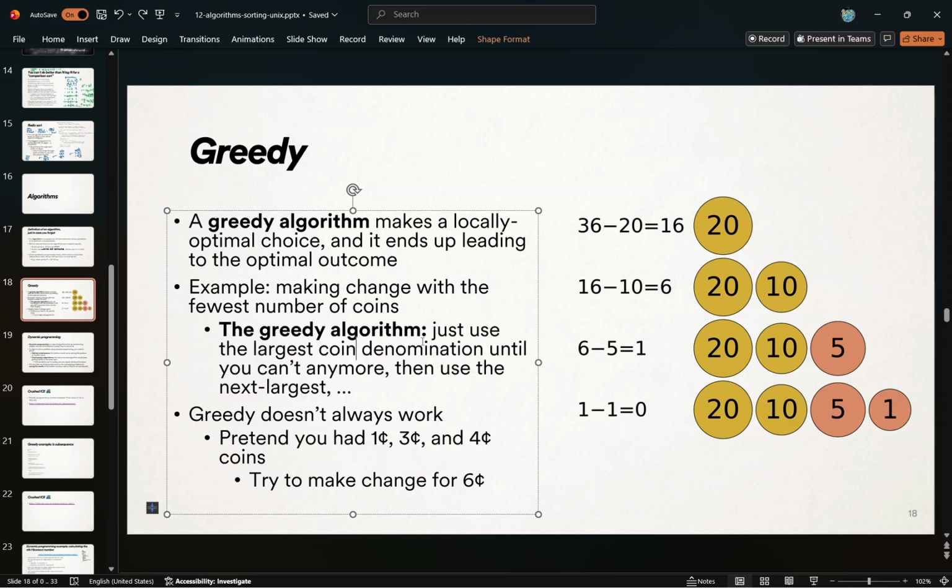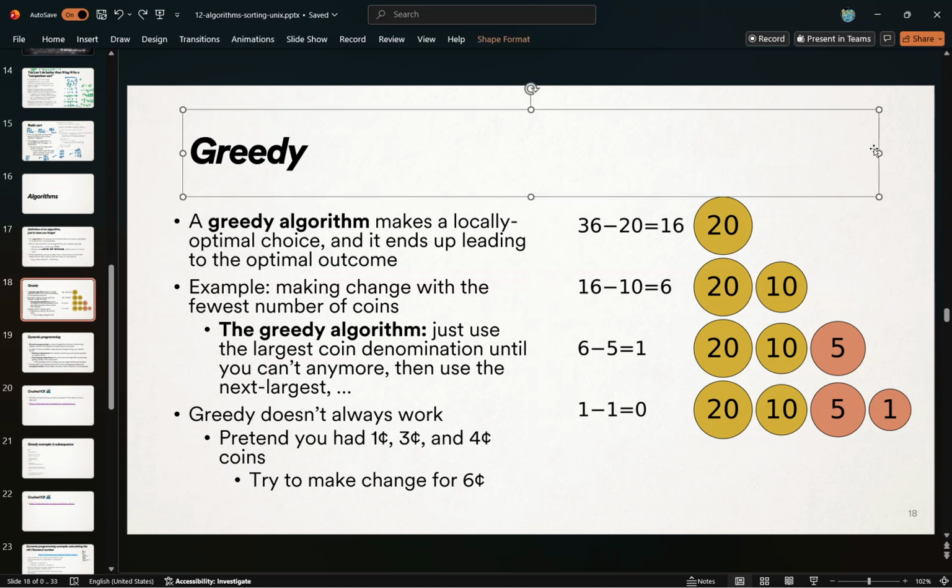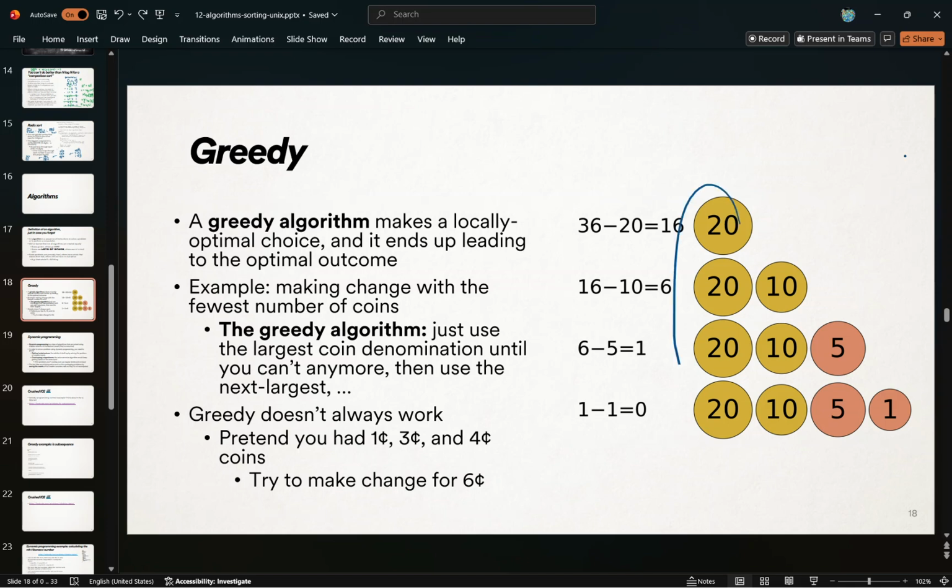That will always end up giving change in the fewest number of coins, at least for American coins. And we can pretend we live in a place where we don't have 25-cent pieces, but we have 20-cent pieces. I forget which countries have that. Is that the UK or the Eurozone? I cannot remember.